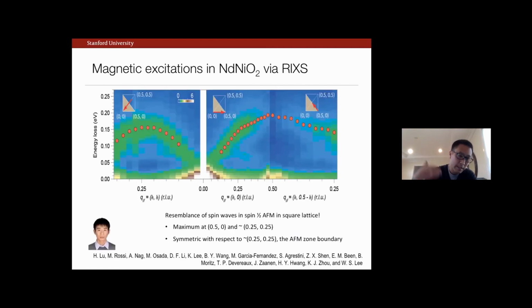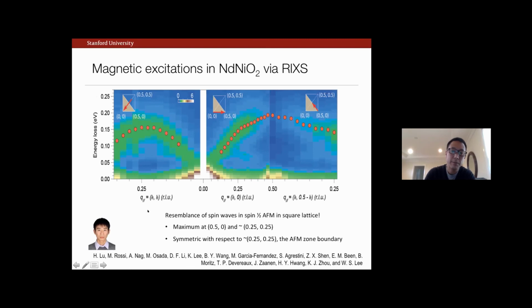But of course, doing the experiment is always revealing and quite surprising, at least for me, despite our attempts to look for this: we do see evidence for strong magnetic excitations, and this is a spectrum for the undoped neodymium nickel O2. This is a RIXS intensity map, plotting out what looks very much like a spin wave dispersion associated with a spin 1/2 antiferromagnetic lattice. It's fairly broad beyond the experimental resolution limit.